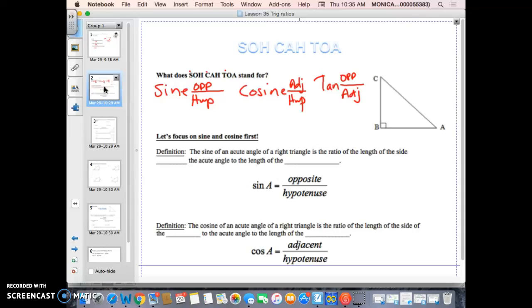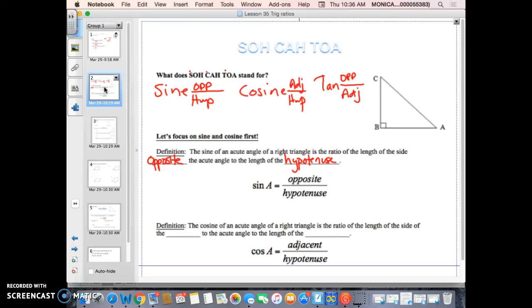So let's talk about sine and cosine first, and then we'll talk about tangent in a minute. The sine of an acute angle of a right triangle is the ratio of the length of the side opposite of the acute angle to the length of the hypotenuse.